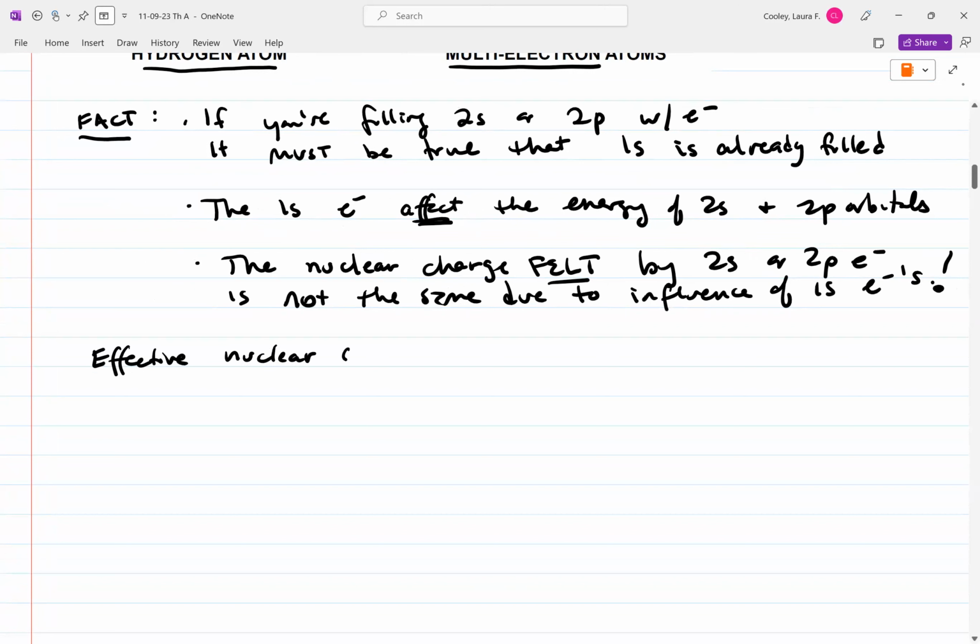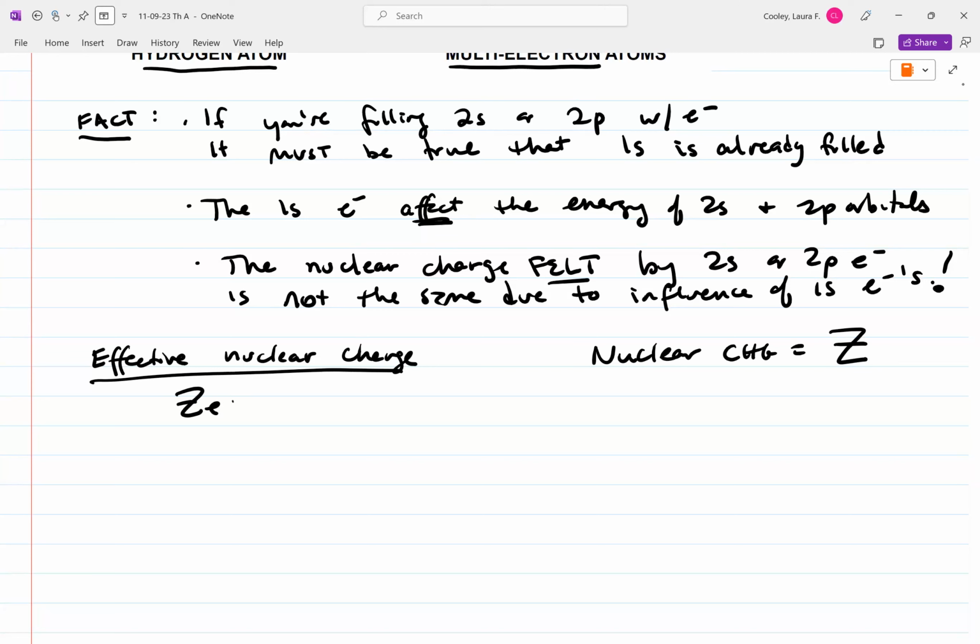We all know what the nuclear charge is, right? The actual nuclear charge is Z. It's just the number of protons in the nucleus with a plus sign. But the effective nuclear charge, which we call Z effective, is the charge that's actually felt by electrons in a given orbital. Usually we care about the outer electrons. So this is the charge actually experienced by electrons.